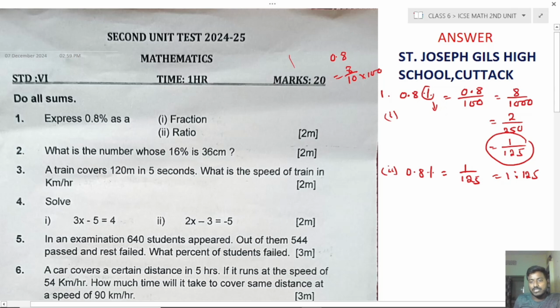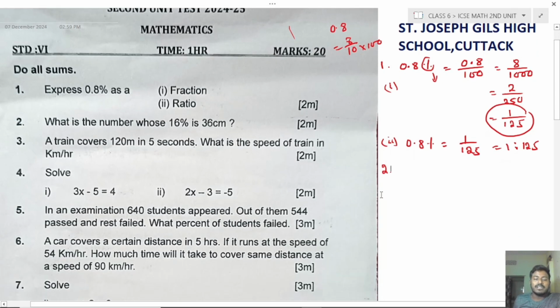Now next question, question number 2. What is the number? Suppose let the number is x, or you can write required number. So write down 16% of required number equal to 36. Now we can write 16 divided by 100 into required number equal to 36.